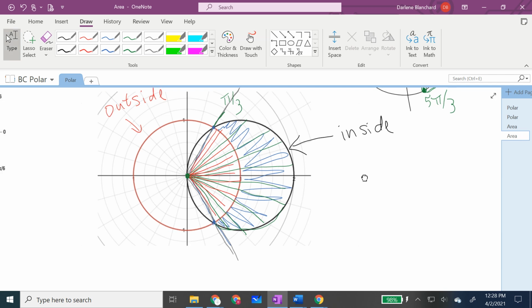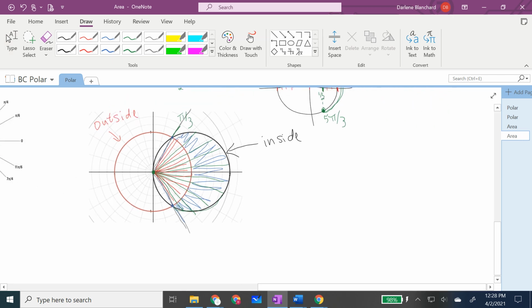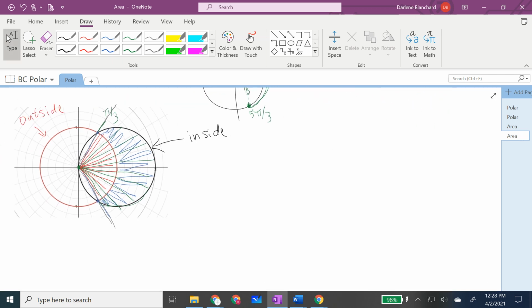So let's think about what it might look like when I set up integrals that will find this, because again, multiple choice. They will likely give you an integral expression, and it may not be written the way you were thinking. You've got to be ready for a variety of ways that they would write it.